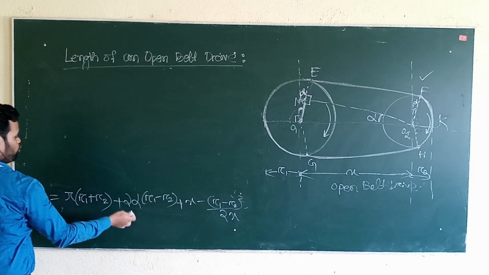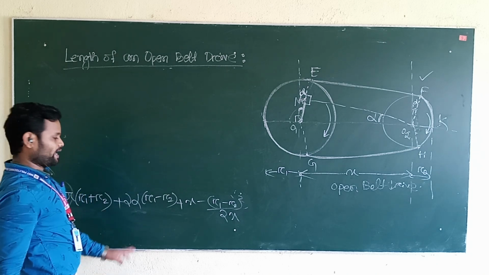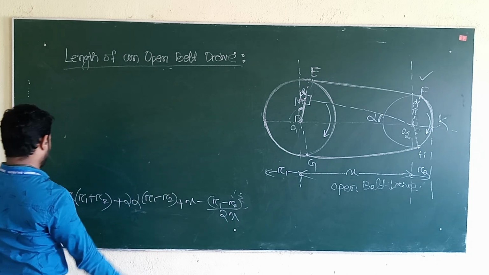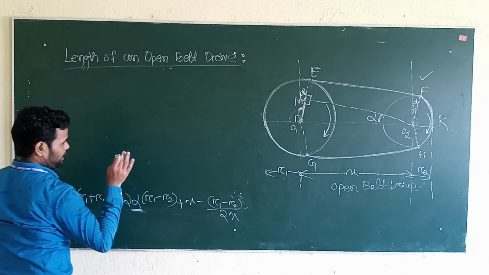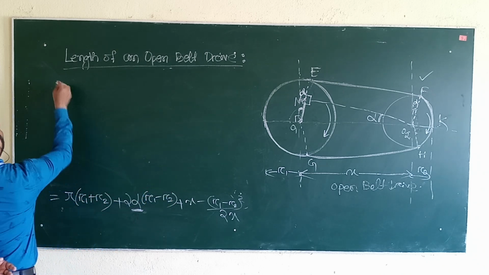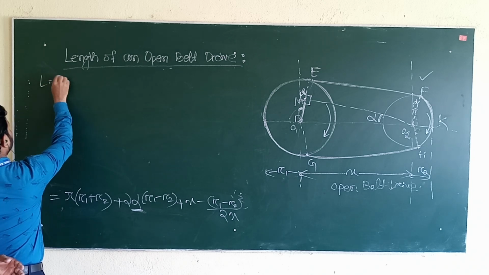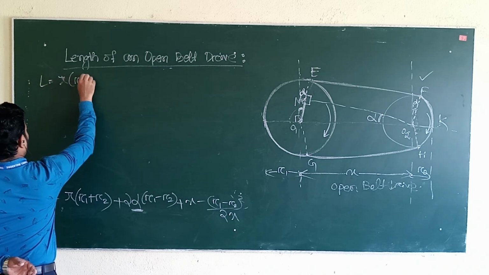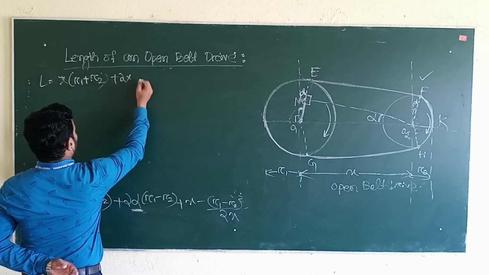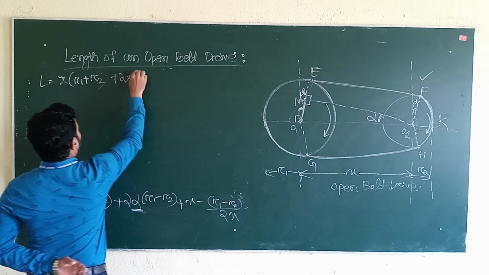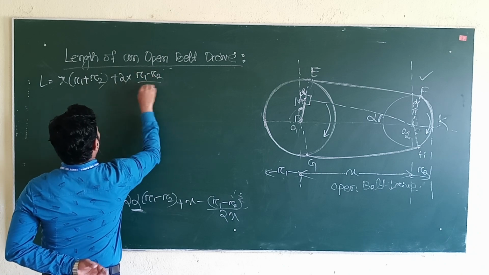So putting the value of alpha equal to (R1 minus R2) by x in the above expression, we write: capital L equal to pi (R1 plus R2) plus 2 into, in place of alpha, we can write (R1 minus R2) by x.